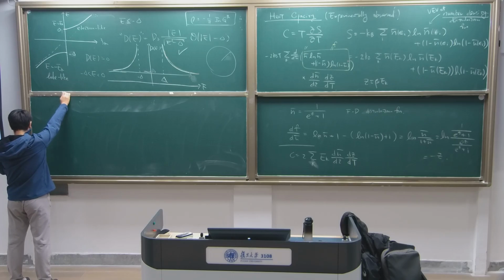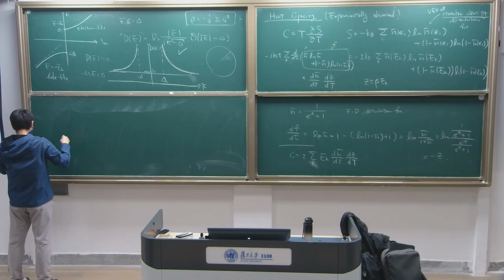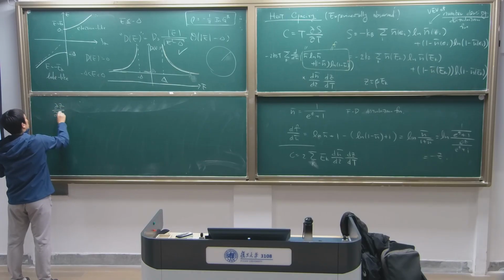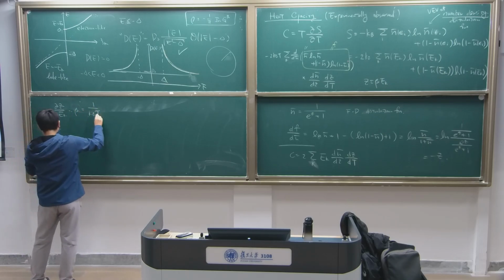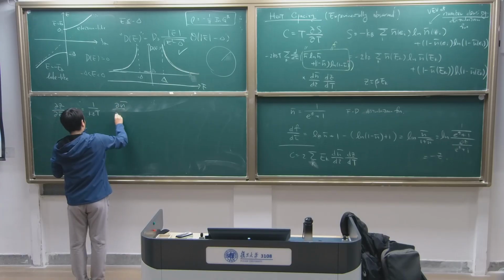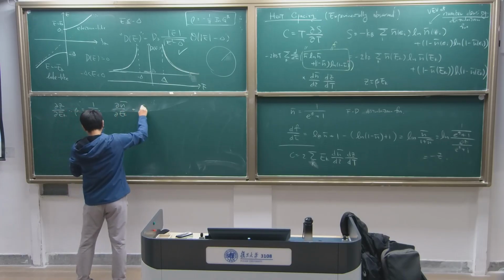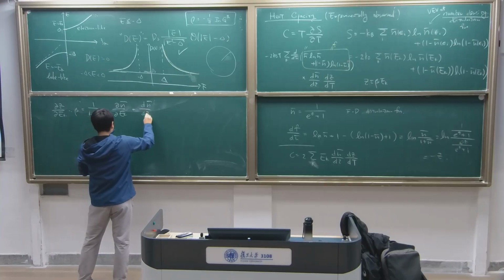What we need to do is that the bottom of K is equal to ESI dP.